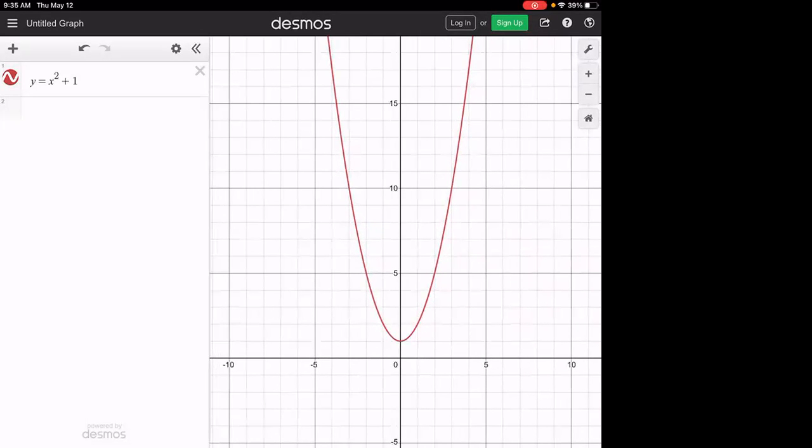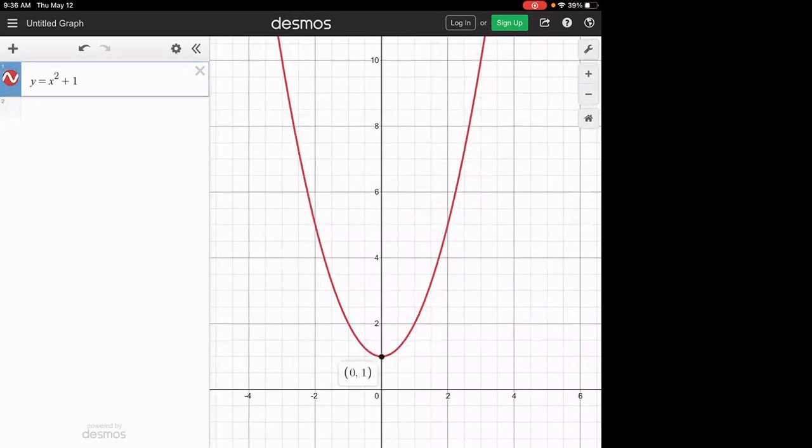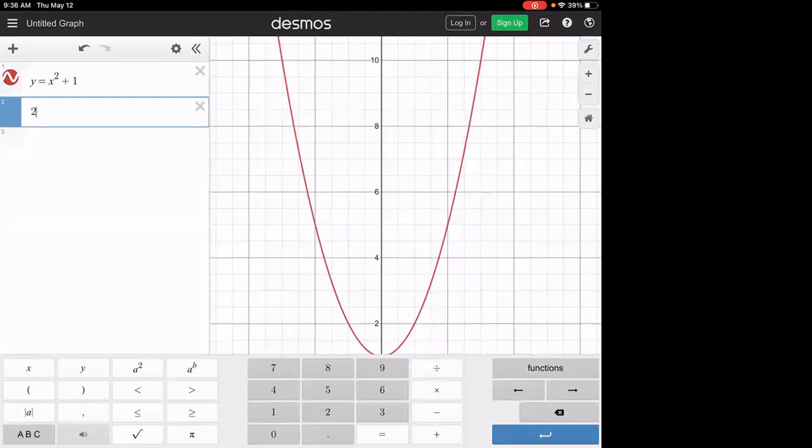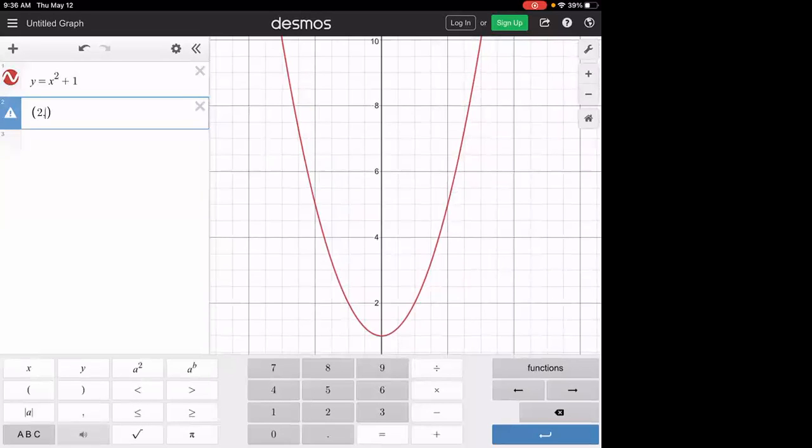So let's pick a few points. Say x equals 0, y is 1, right? X equals 2. Never mind, I'll pick it right here. X equals 2. Y is what? I think if x equals 2, y is 5. Right there, right?